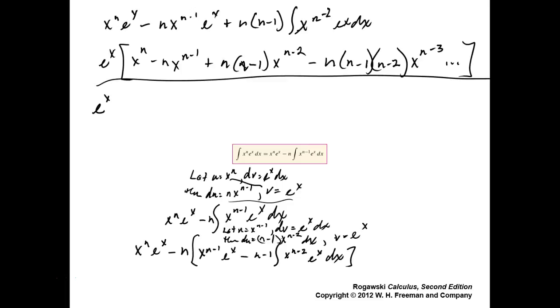Do they factor out the e to the x, or do they leave it in there? Just leave it in there. Okay. So it's x to the n e to the x minus n x to the n minus 1 e to the x. Is that where they stop?